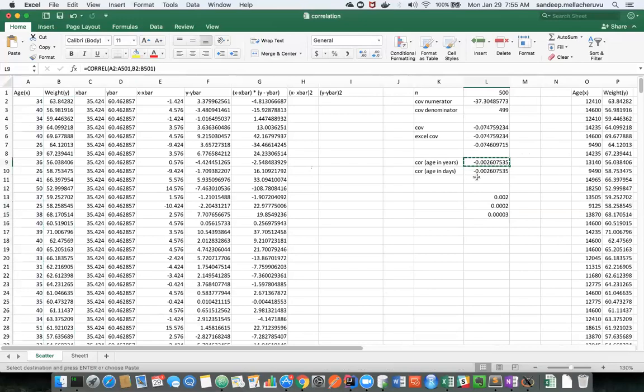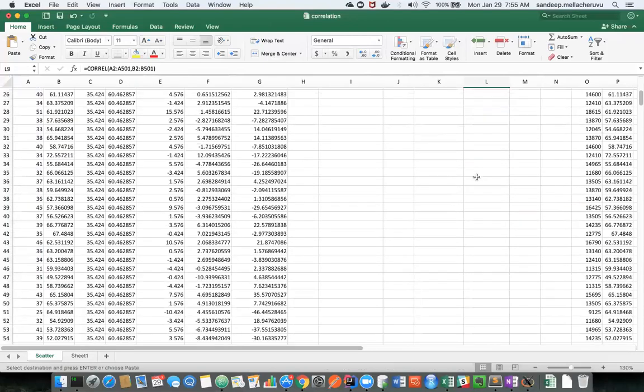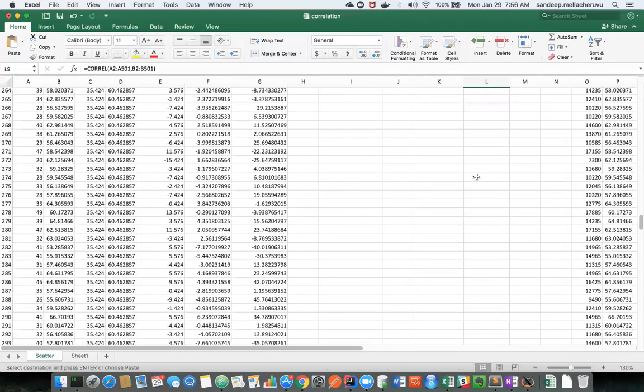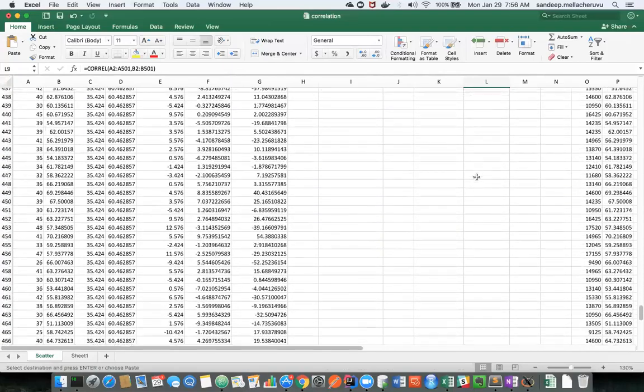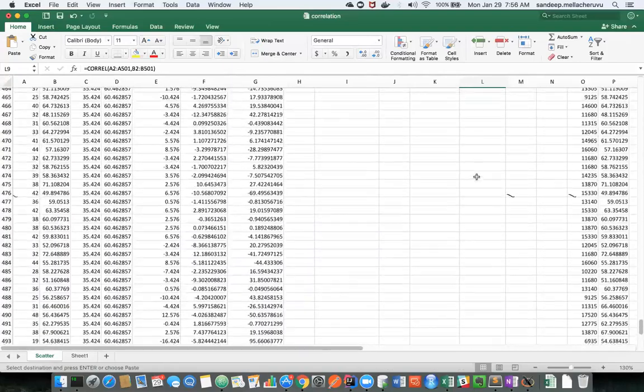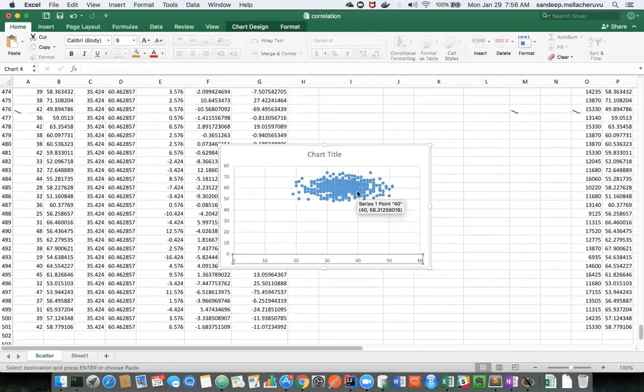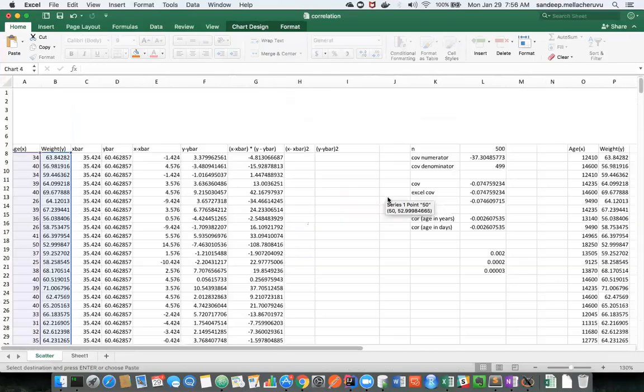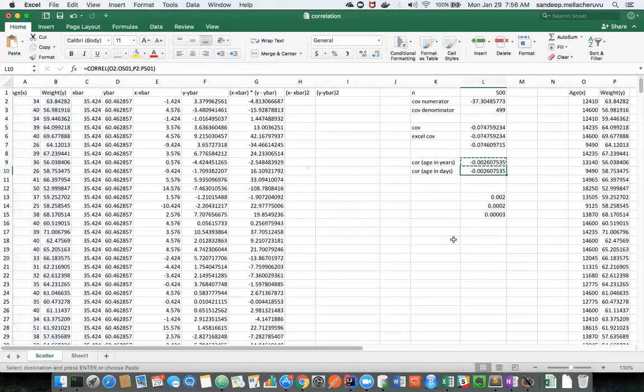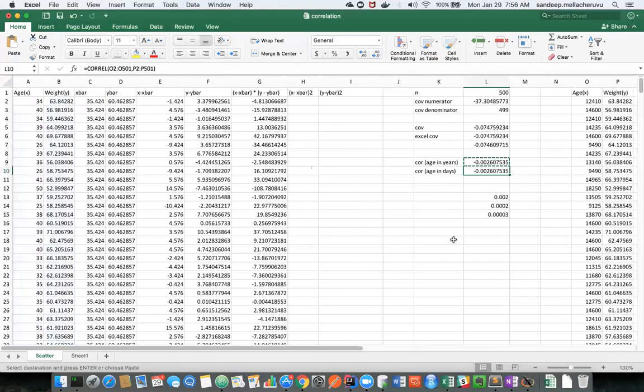It depends on how we interpret this number. So the better way is to take both the scatter plot as well as your correlation value. Depending on both of these, interpret the results. In this case, my scatter plot is almost parallel to the x-axis, and the same thing I am observing in the correlation. So I interpret it as 0.